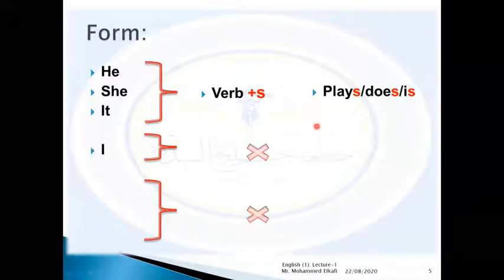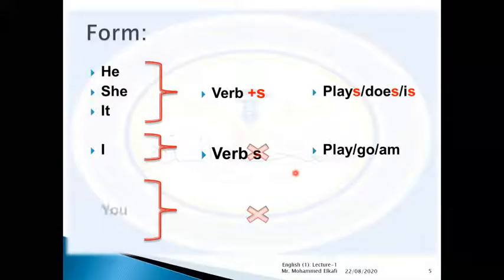For the subject pronoun I, we use a verb without S. So we use the verb without adding S to the form of the verb. So we'll say I play, I go, and I am.